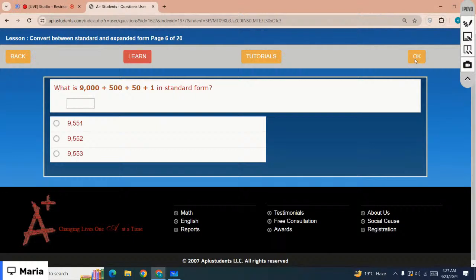What is 9000 plus 500 plus 50 plus 1? Which is the correct option?